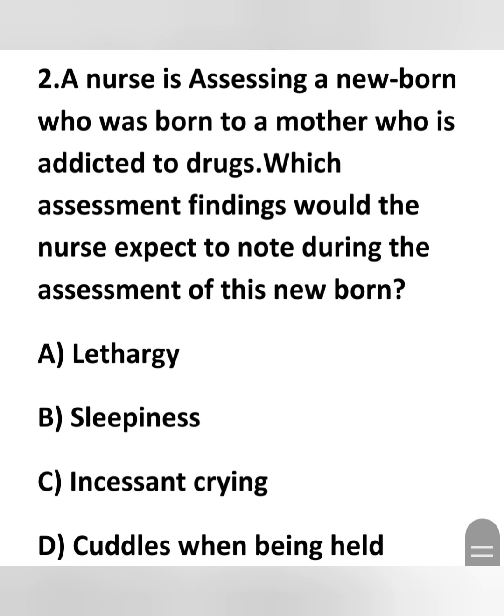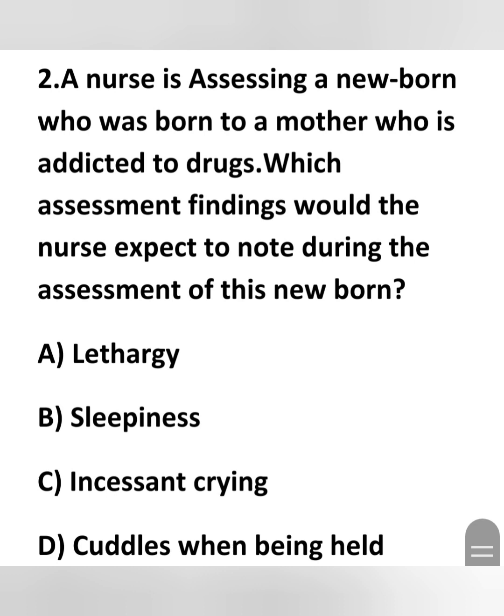That is the question. A newborn of a woman using drugs is always irritable. When a mother is using drugs, the newborn will be always irritable. Always irritable means the baby will be crying always.